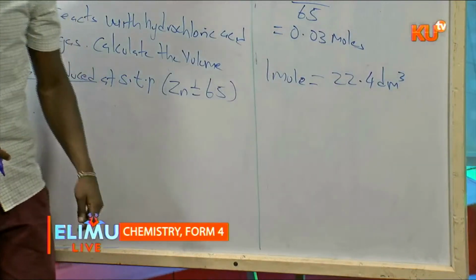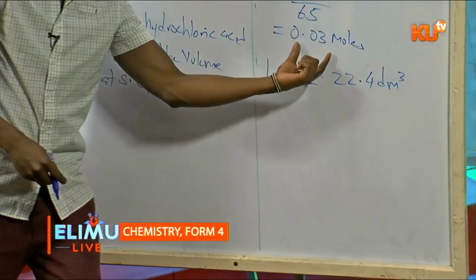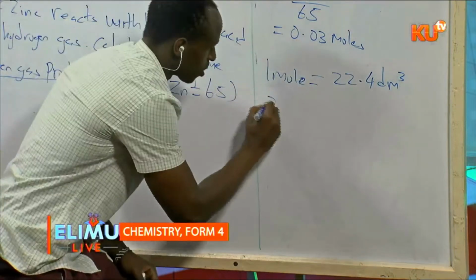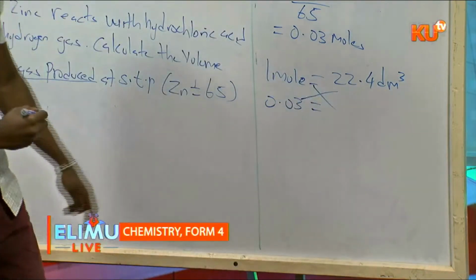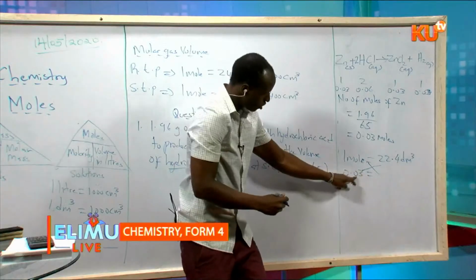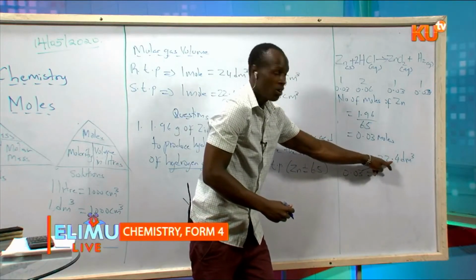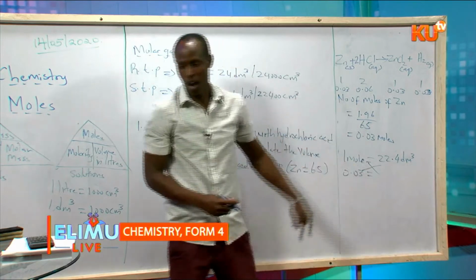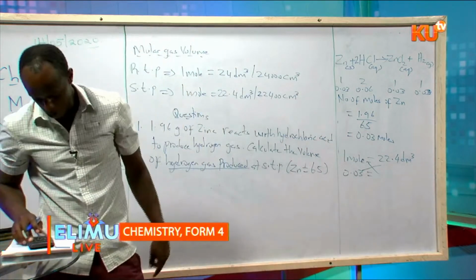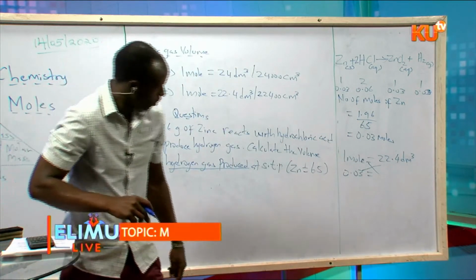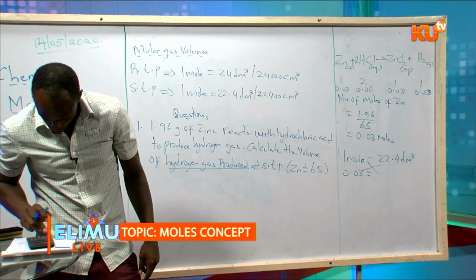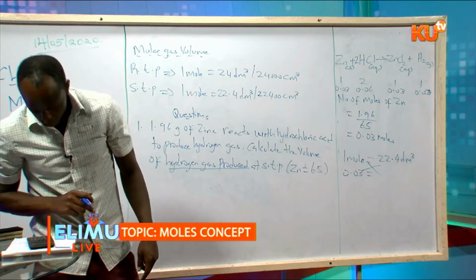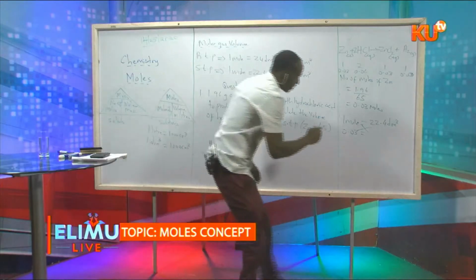But it's not 1 mole which was produced. How many moles were produced? 0.03. Then you do cross multiplication. Cross multiplication means you do 0.03 times 22.4 divided by 1. Join me in doing it so that you don't lose me. We have 0.03 times 22.4 giving you 0.672.